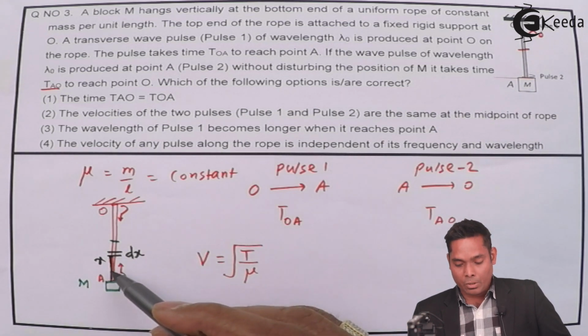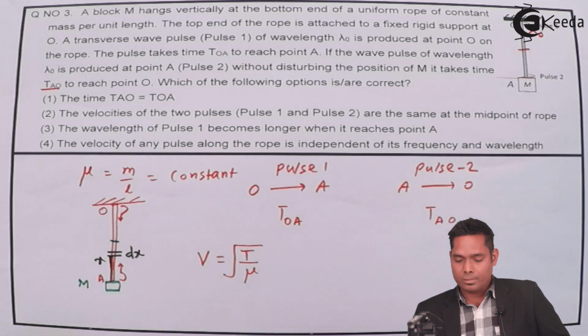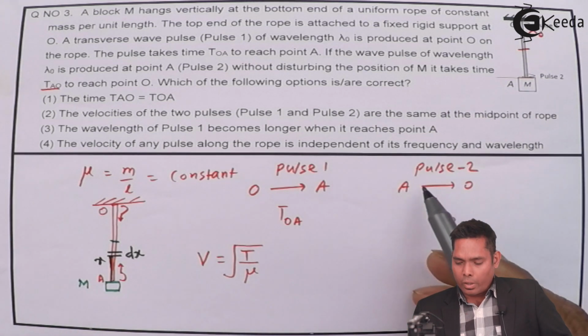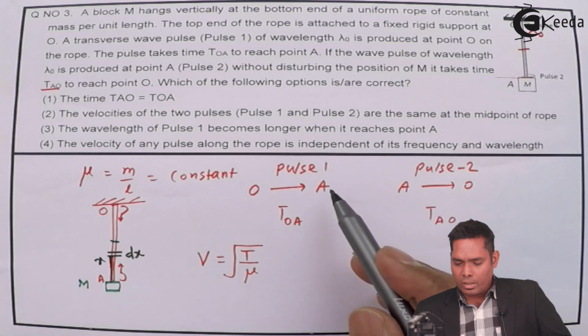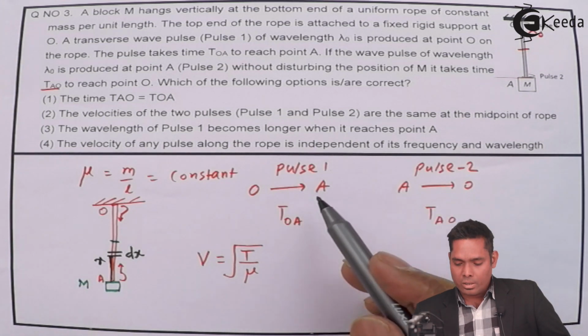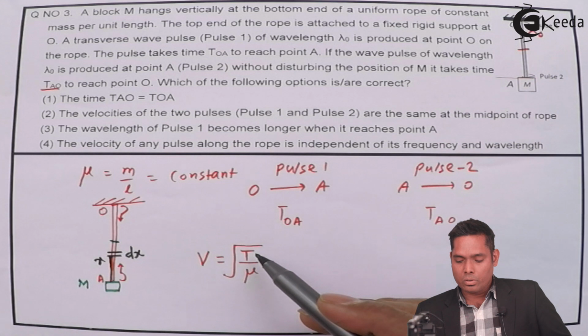Moving from A to O the tension increases, and from O to A the tension decreases, so the velocity will also change.